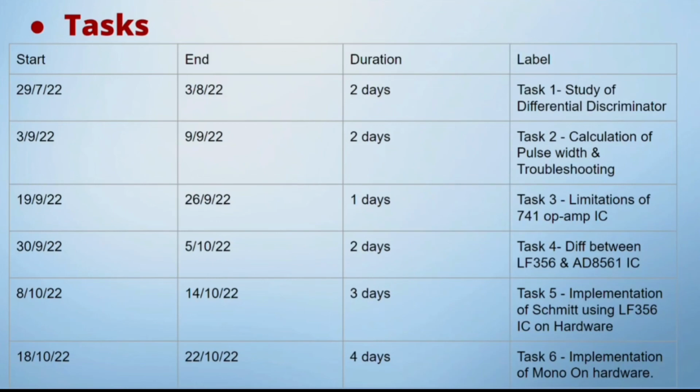In task 5, we did the hardware implementation of LF356 acting as the window comparator, and also studied the research paper, and we have gotten the desired output. In task 6, we have implemented the ULD and LLD between the two threshold values and also implemented the mono by connecting through NOT gate, and the mono output was obtained.